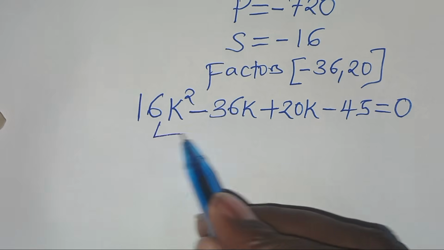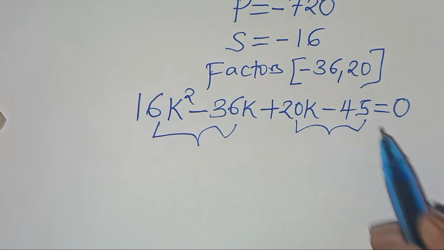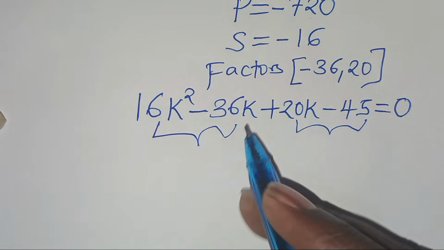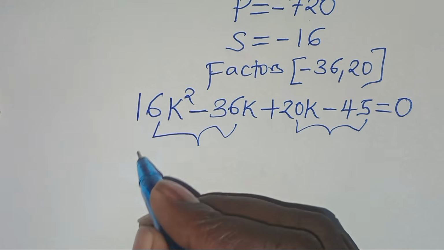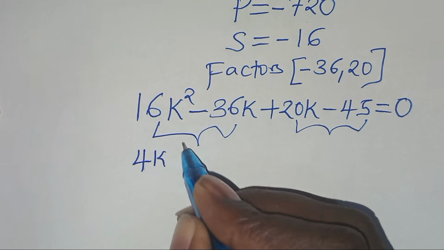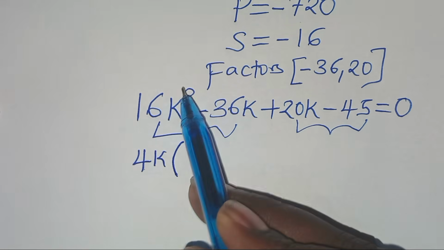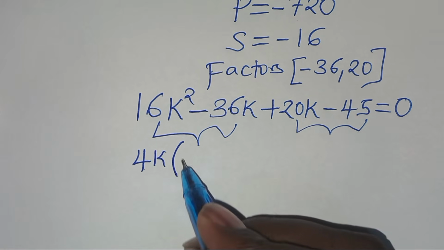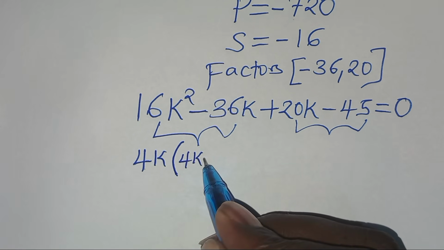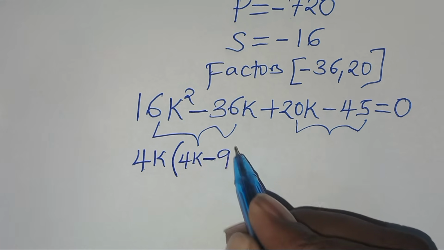Now we have two parts here. From the first part, 4k is common, so let's factor out 4k. 16k squared divided by 4k gives 4k, subtract 9.